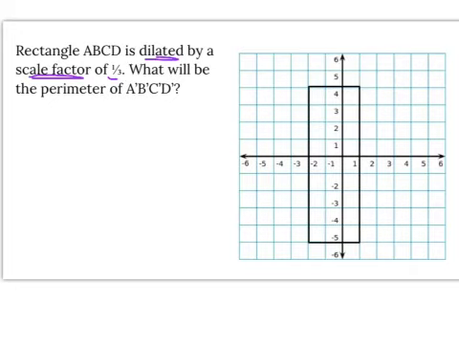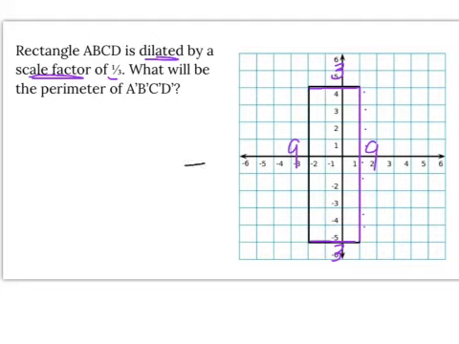So in my original figure, the width, 1, 2, 3, is going to be 3. And this length right here, 1, 2, 3, 4, 5, 6, 7, 8, 9, is 9. So that means each side is going to be dilated, multiplied by 1/3.